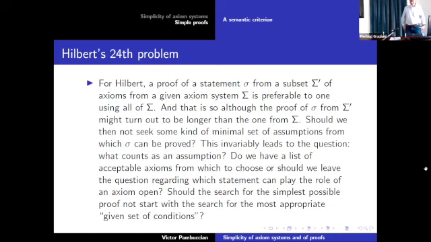And when we look at the simplest possible proof, shouldn't we look at the simplest or most appropriate given set of conditions? So the question is extraordinarily complicated because of the lack of definition of where this proof should be happening.